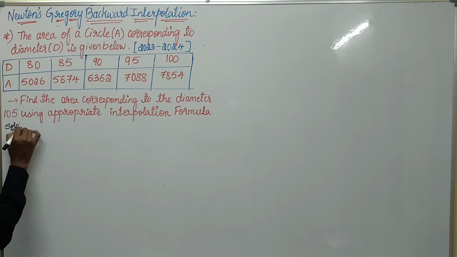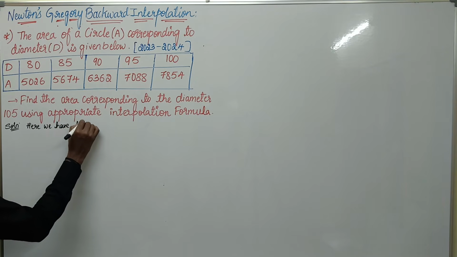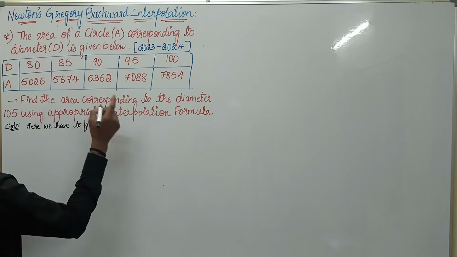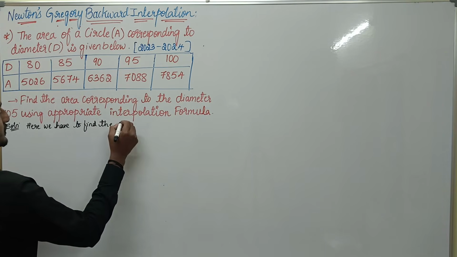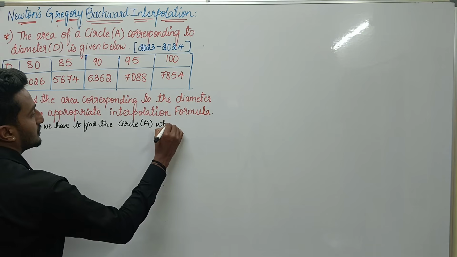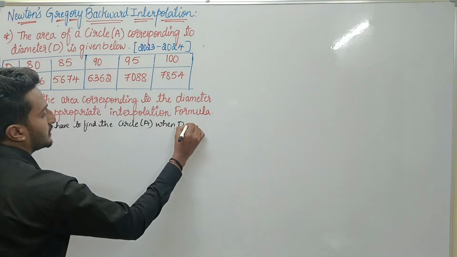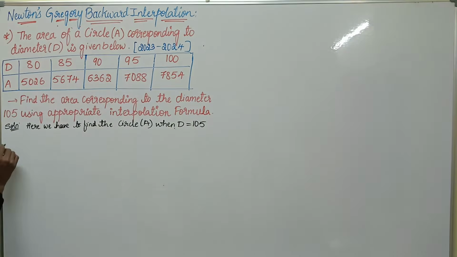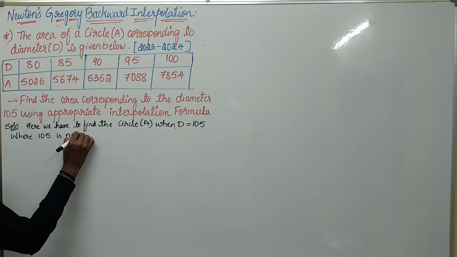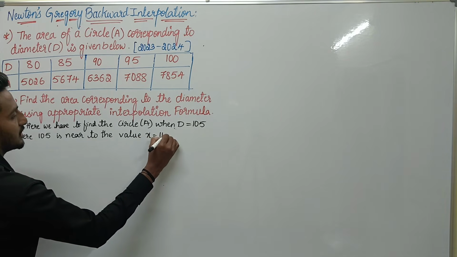First, let us represent here. We have to find the circle area, we call it A, when the diameter d equals 105. Here 105 is near to the value x equal to 100.